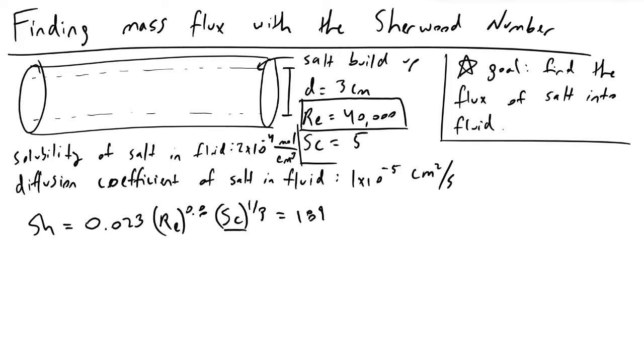The next step we're going to be taking now is making use of the definition of what Sherwood number is, and that is equivalent to Km, our mass transfer coefficient, times the diameter of our pipe divided by the diffusion constant of the solute, which in this case is our salt buildup, into our fluid, which I call big D. And so with these values, we were given our diameter, we were given our diffusion coefficient, and we now calculate our Sherwood number so we can solve for Km.